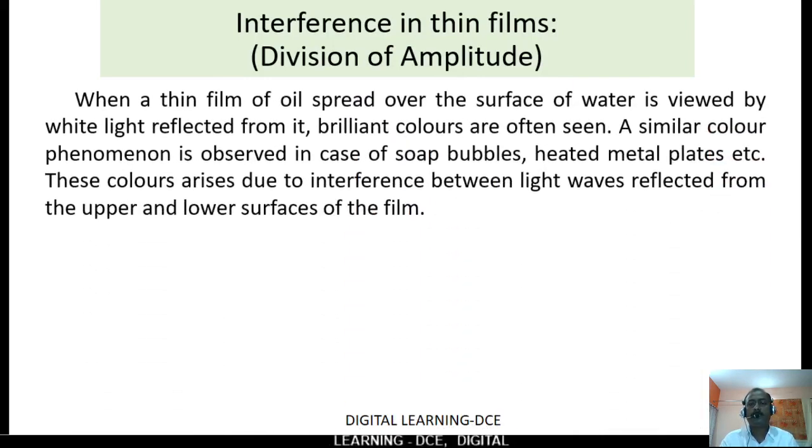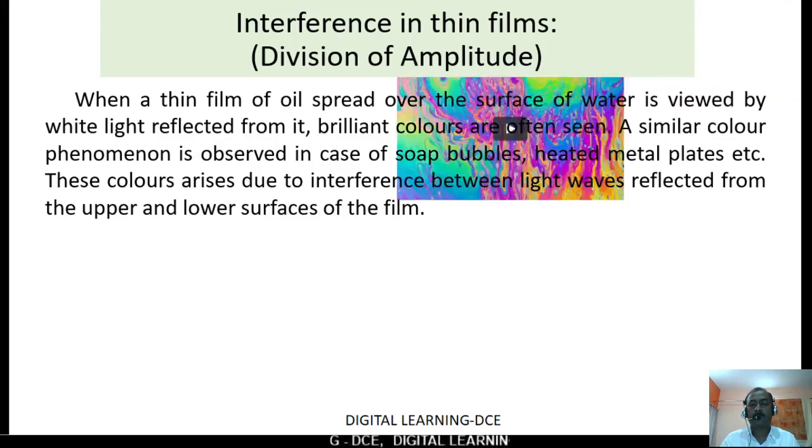When a thin film of oil spread over the surface of water is viewed by white light reflected from it, brilliant colors are seen. A similar color phenomenon is observed in soap bubbles, heated metal plates, etc. These colors arise due to interference between light waves reflected from the upper and lower surfaces of the film.